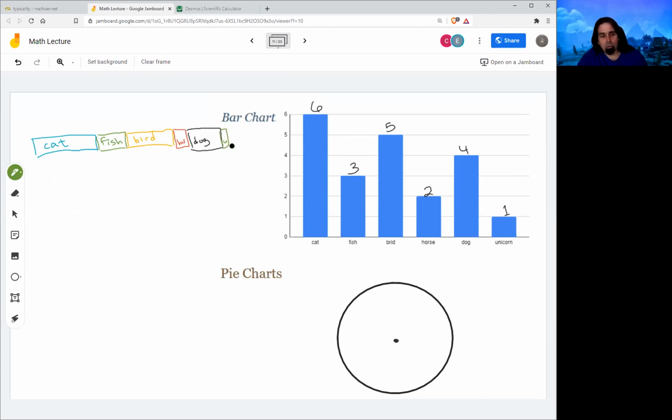And I'm going to tape the bars after I cut them out together to make like a train or a caterpillar or something. So imagine I've put little pieces of Scotch tape.